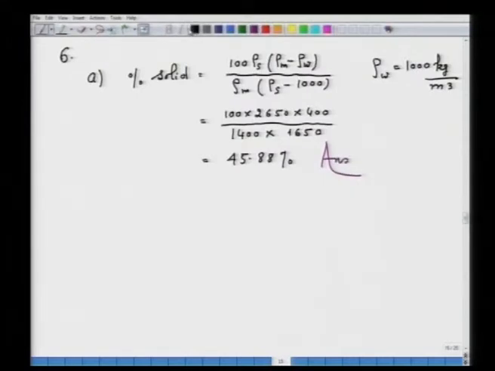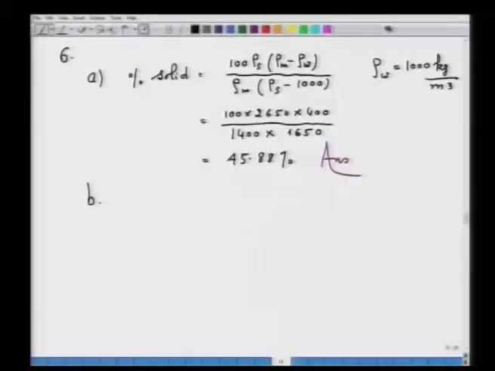Now, the part B, it asks you mass flow rate of quartz within the slurry. To calculate mass flow rate of quartz within the slurry, because this slurry is required to be transported by pump from one place to another, you have to know the mass flow rate of quartz, because quartz is the most important.